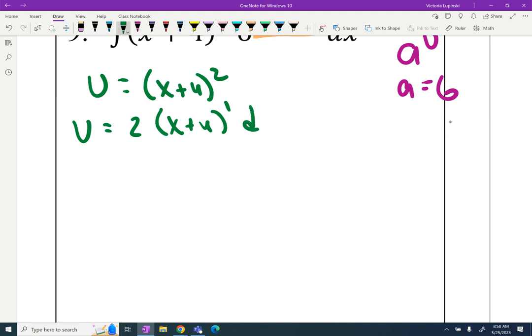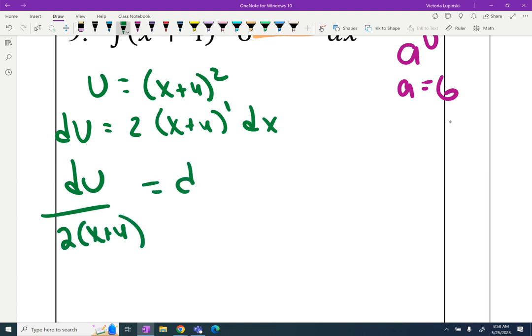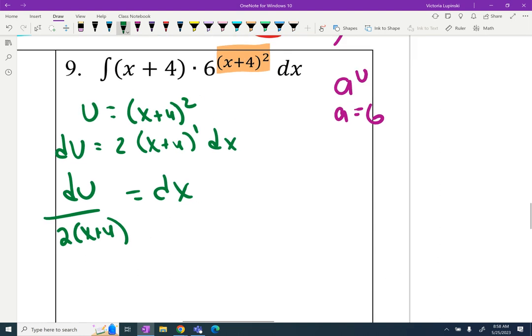Derivative of the inside is just 1, and then du. Divide. And then go ahead and substitute in u for u. This is still there. Pink for pink.